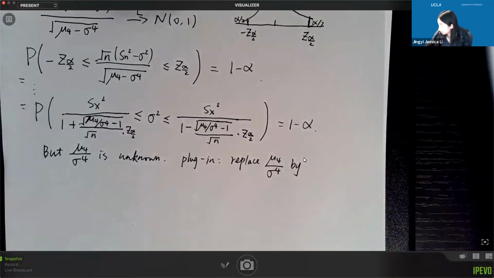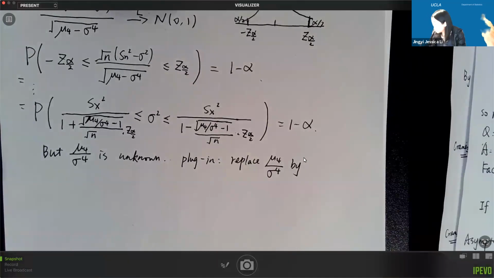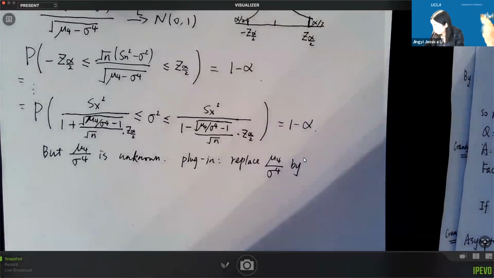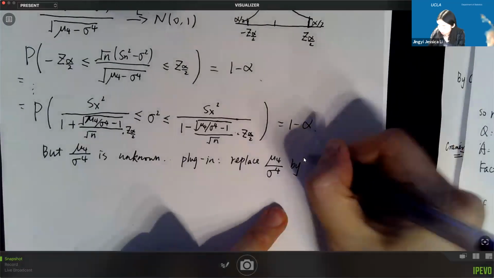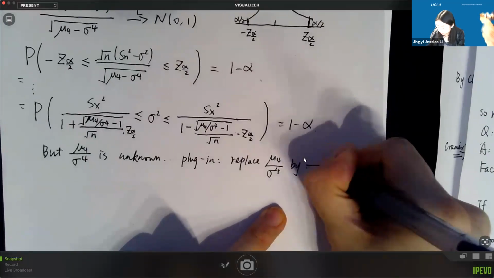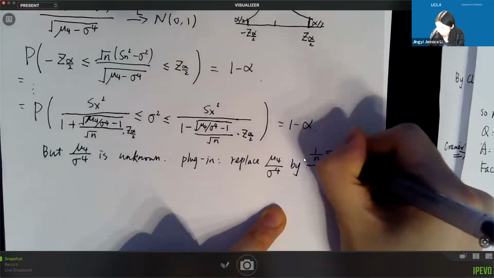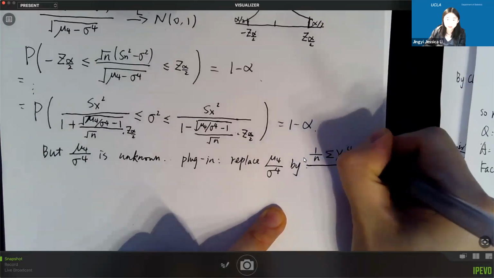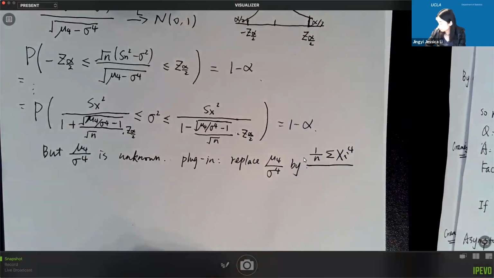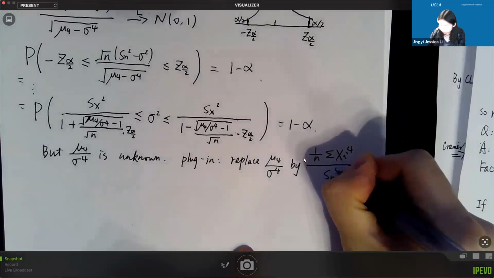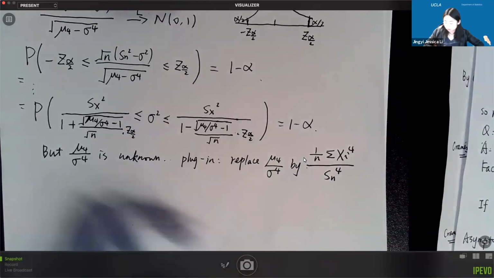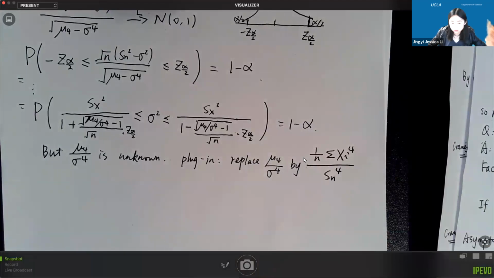Mu4 by our previous example is actually the fourth moment, okay? So here we can do that calculations 1 over n summation xi fourth. That can estimate mu4. And sigma fourth itself can be estimated by Sn fourth, right? We use Sn squared to estimate sigma squared. So that's the practical approach.